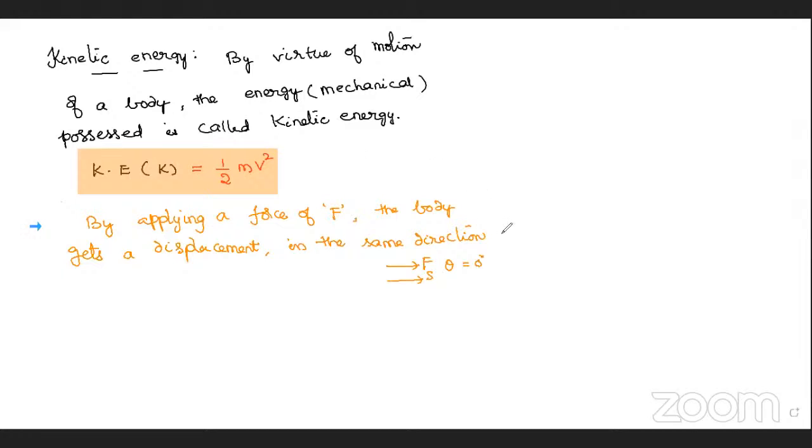And then I write here its velocity increases from some value to some other value. Why? Because displacement and force are in the same direction. That's why velocity increases. If force is applied in the opposite direction, whether the velocity increases or decreases?